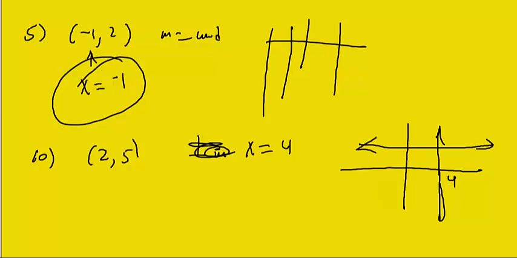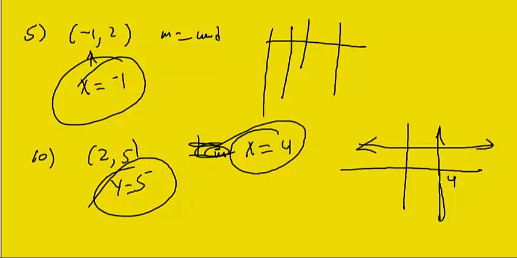So what's the y value in this point? It's a horizontal line. If this is a vertical line, that means the perpendicular one is going to be horizontal. Got that, Kevin?